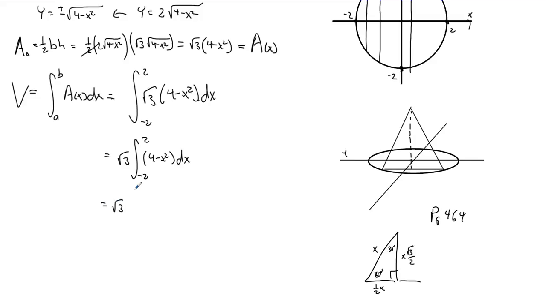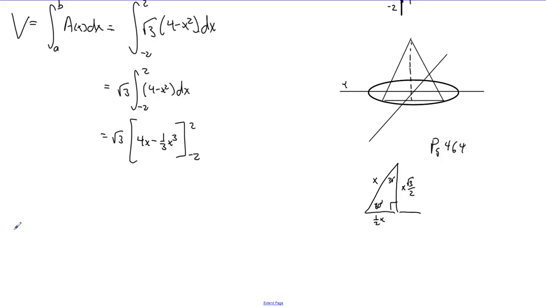So I got square root of 3, and then it's just going to be 4x, and then it will be 1/3 x to the third, and then that thing is going to be evaluated from -2 to +2. And once again, you just plug and chug here. And I'll leave that for you just because we're getting to be quite long.